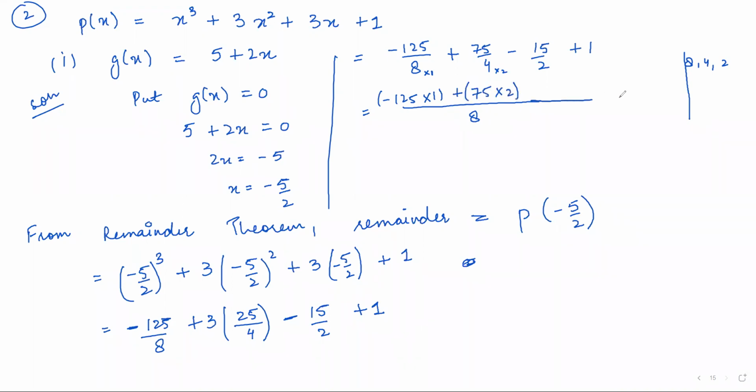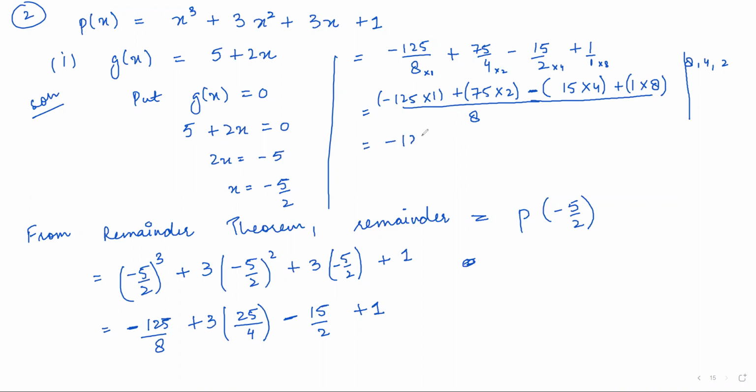Please use brackets always. Then minus. Now this is 2 into 4 is 8, right? So this 15 will be multiplied by 4 plus. Now you don't have anything, so put a 1 here. So 1 into 8 is actually 8. So this 1 will be multiplied by 8. Is that okay? Yes, ma'am.